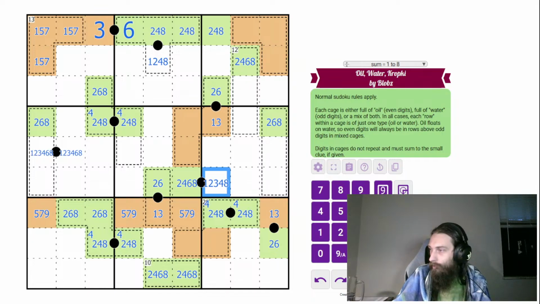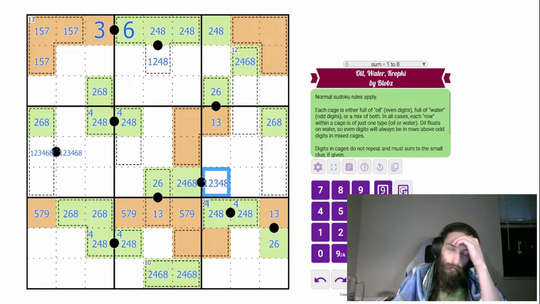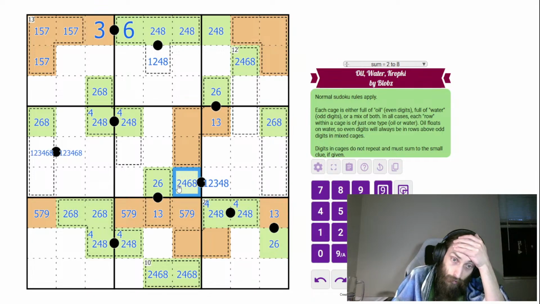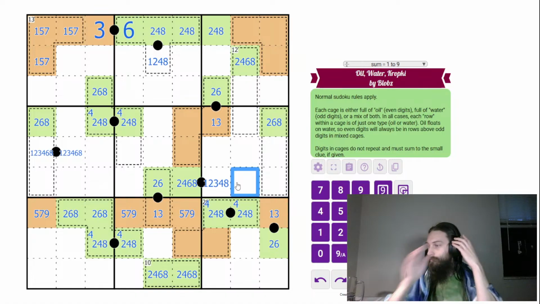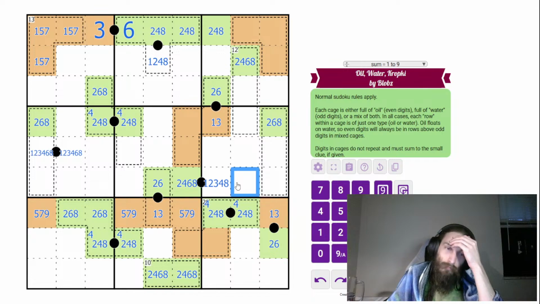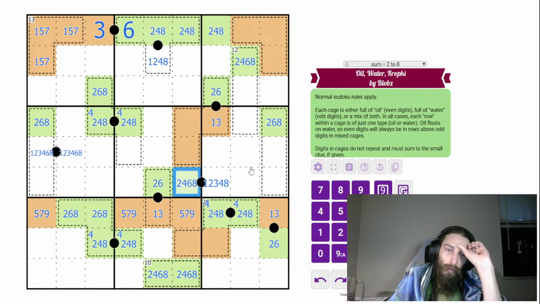Six is the only digit that gets removed because of that, though. Because 1 can pair with 2, but 2 can still pair with 4.